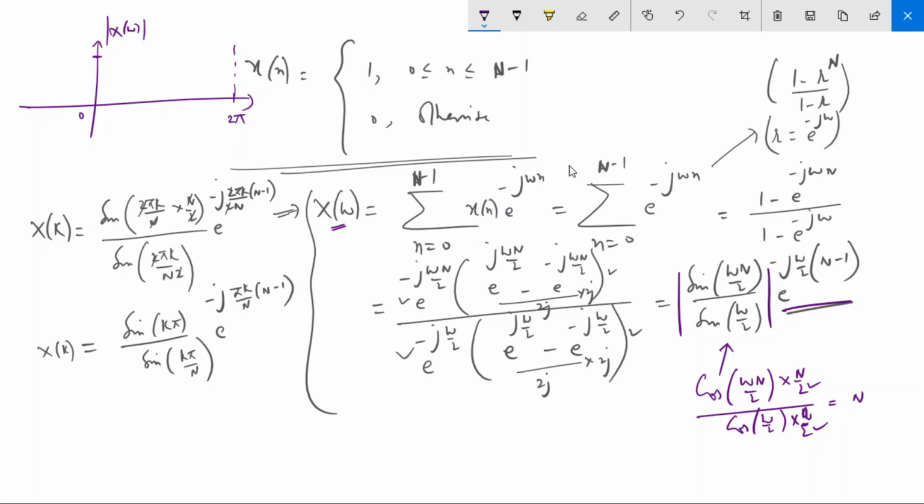In between you have a sinc function, but when you take the magnitude response, whatever negative values you have will become positive values. Suppose I simply plot this without the magnitude, it will become like this maybe.